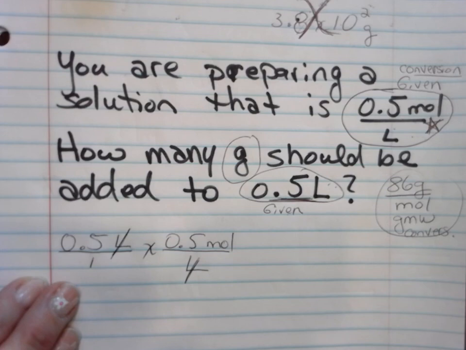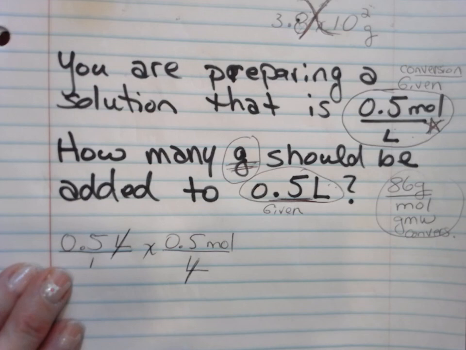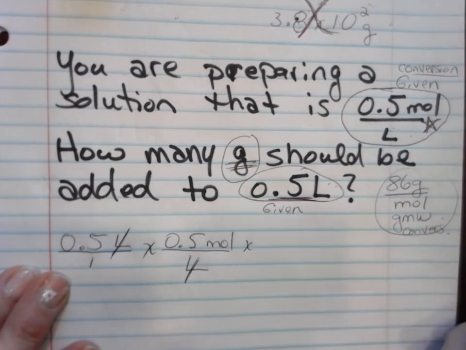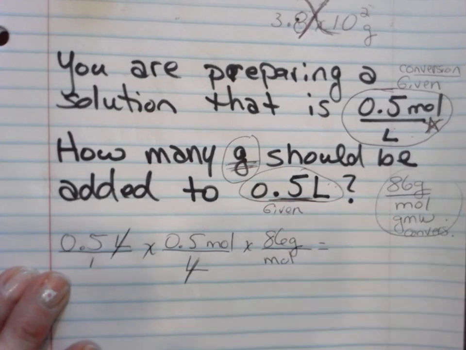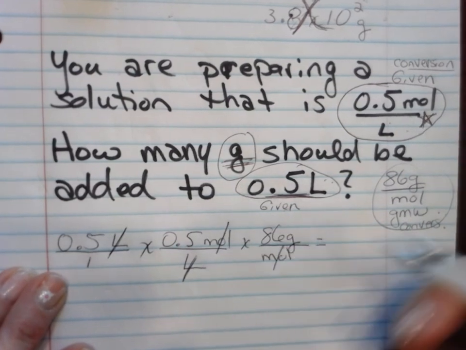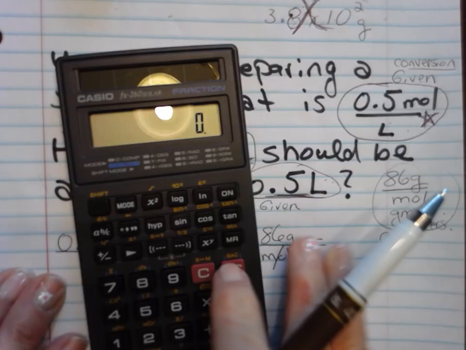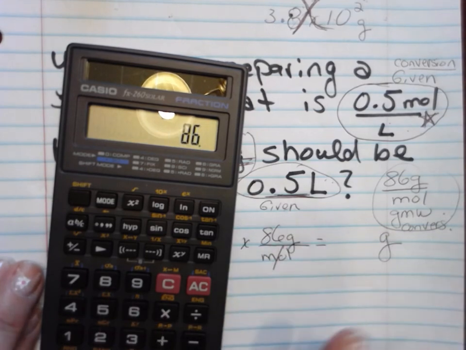Now, I don't want my answer in moles, I want my answer in grams. Now I can use the GMW, or this particular conversion factor, plug it in, 86 grams on top, moles on the bottom, to figure out how many grams I would need. So if I took 0.5 times 0.5 times 86, it gives me 21.5 grams.